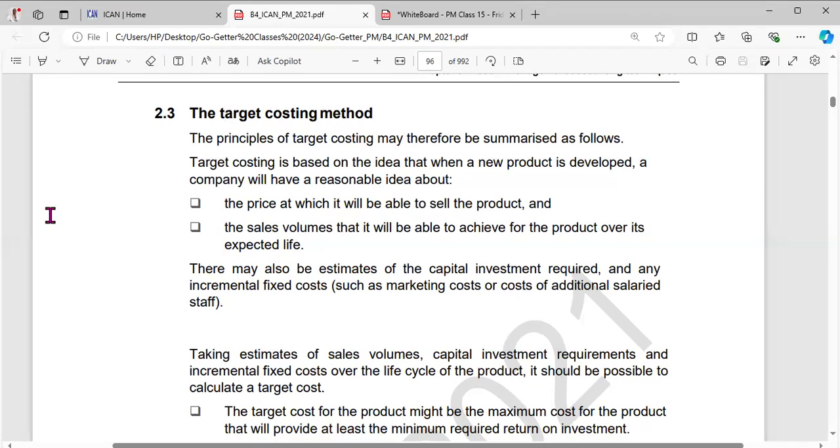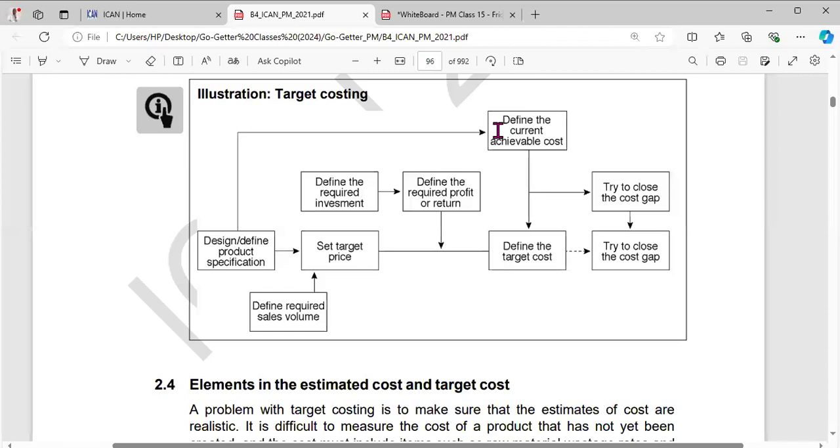But before you go there, when we do this, we set targets. For us to set a target price, we have a defined target volume. Then when we set our target price, we want to get our target cost.